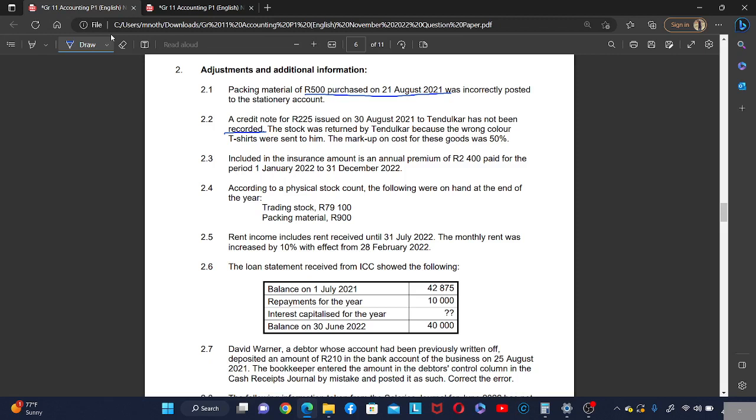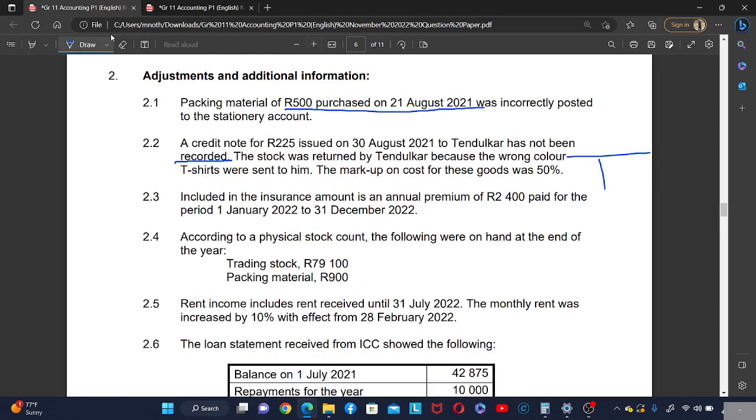Okay, now what is happening is this. When a debtor is returning the goods, 4 accounts are affected. The first account is the debtors control, and another one is the debtors allowance.